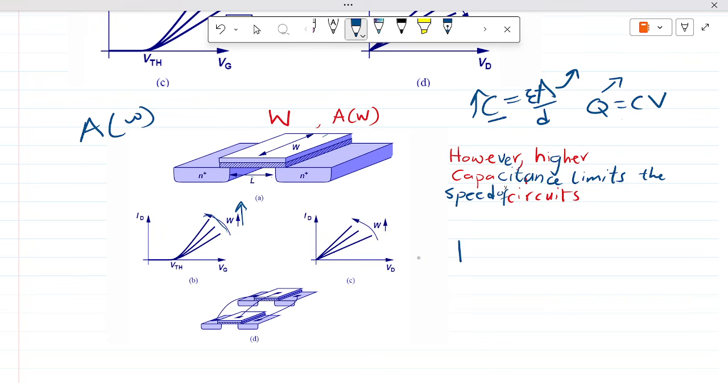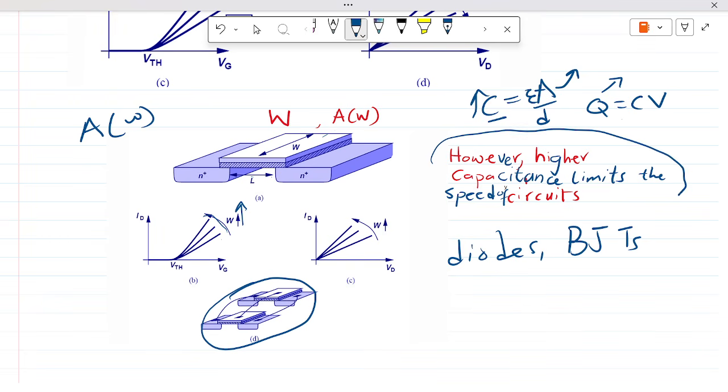Similarly to diodes and BJTs, increasing the area of the width, like assuming you double it, is similar to connecting two MOSFETs in parallel. What we have to look at is how increasing the area of the width could also affect the speed of the circuit.